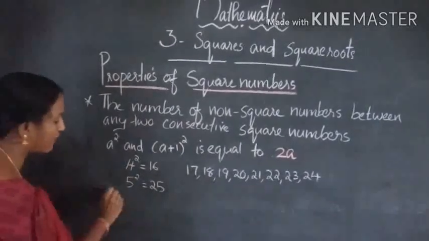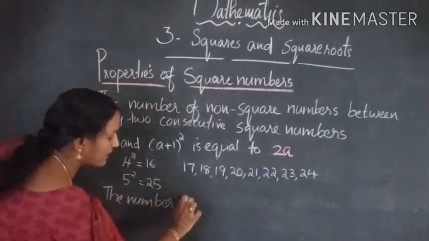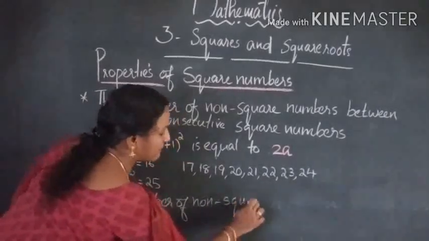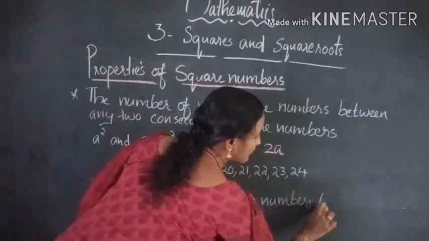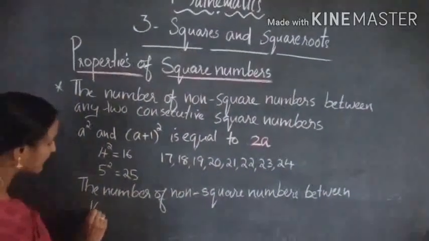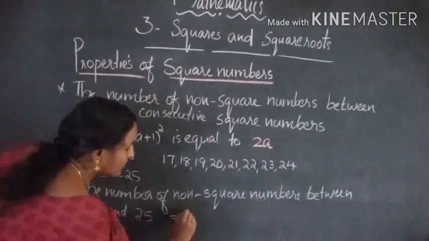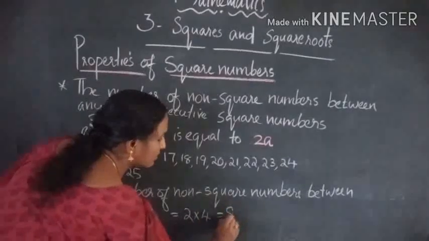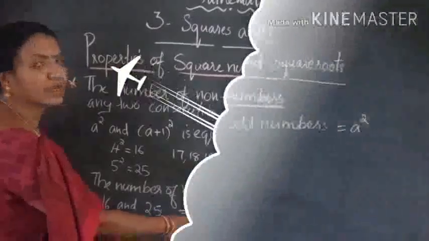So the number of non-square numbers between 16 and 25 is equal to 2a, that means 2 into 4 is equal to 8. 2 into the first number 4, equal to this property.